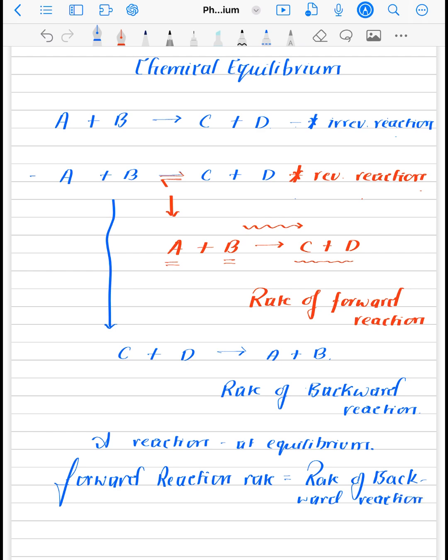Now usually we use the abbreviations such as R refers to the rate, F refers to forward, which is going to become equal to the rate of the backward reaction. So when is this particular thing going to happen? Only once the reaction reaches the point of equilibrium.